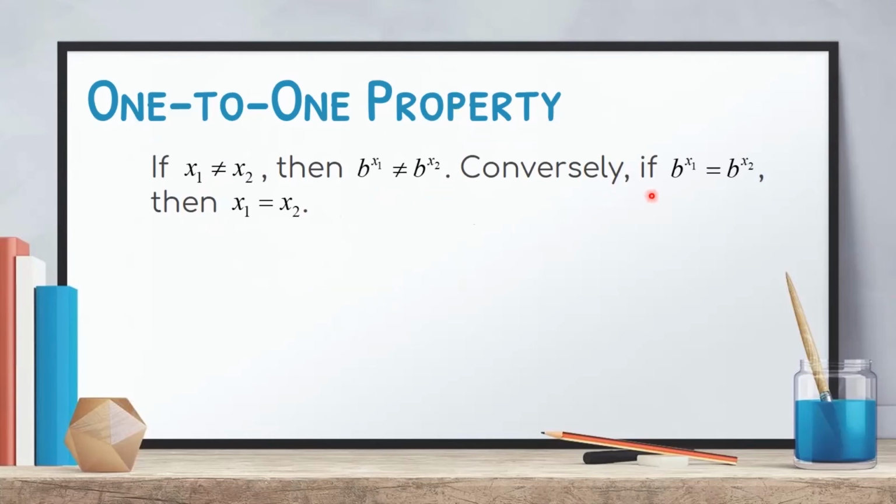Conversely, if b raised to x sub 1 is equal to b raised to x sub 2, then x sub 1 is equal to x sub 2. The second sentence means that if there are two exponential expressions and their bases are equal, then their exponents are also equal.